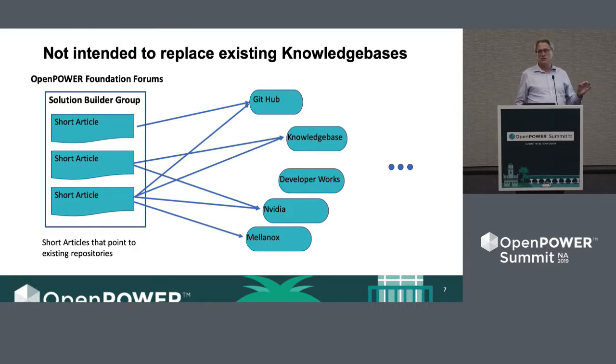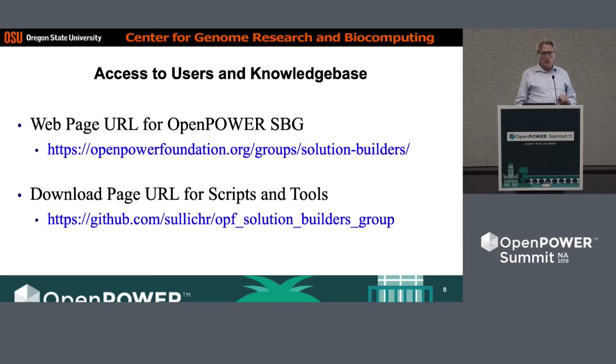So the concept is a place where we can formulate a small article with a pointer to existing knowledge bases, GitHub, et cetera, not to replace any of those things, but to assist with the information and synthesis of that information. So with that, I'm going to call Chris to come up, and then immediately after that, John will present.